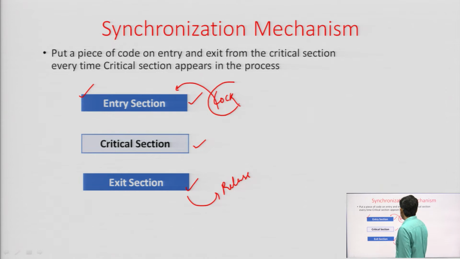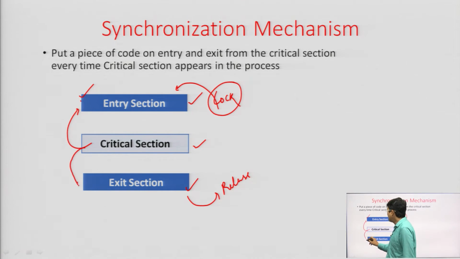This lock must have been applied after checking the lock variable, and if the lock is set by some other process, then this process should be restricted. So, while entering the critical section the lock is applied, and the lock is released when exiting the critical section. So, we should apply some part of code before the critical section and below the critical section.